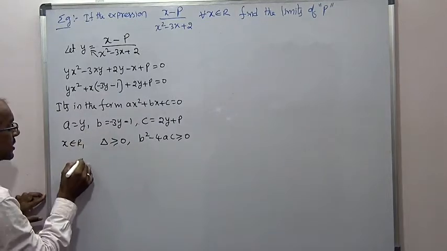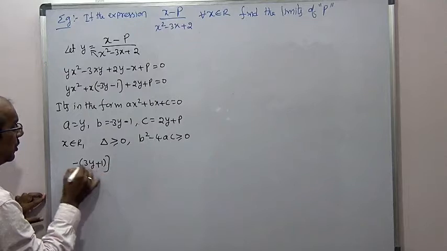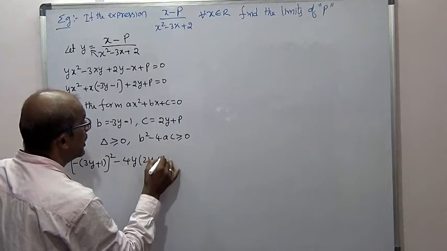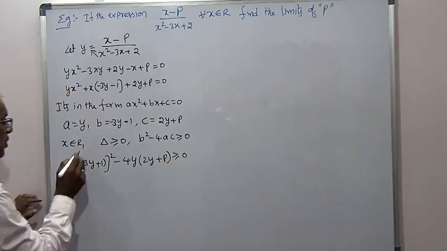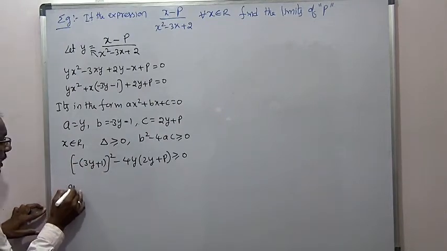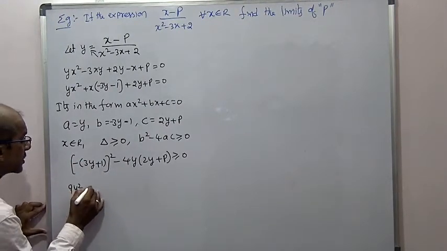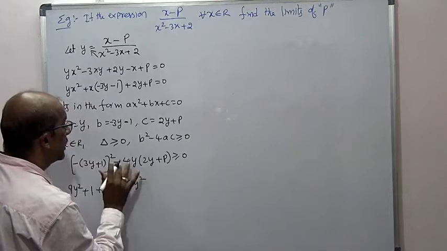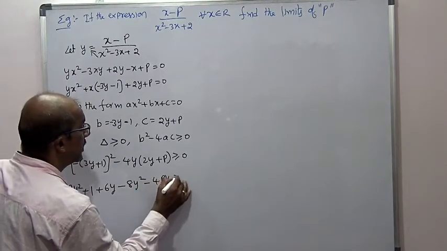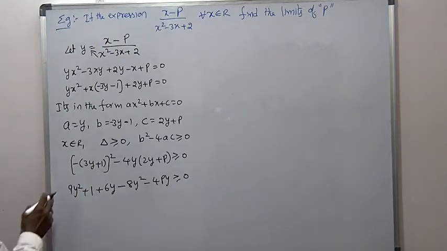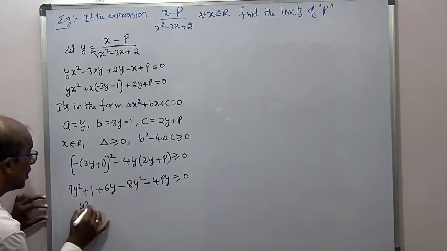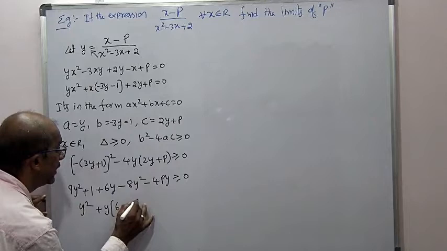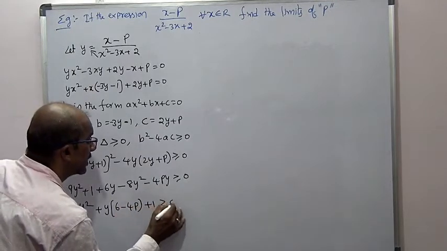Now, minus taken common, (3y + 1)² − 4·y·(2y + p) ≥ 0. The whole square is positive. 9y² + 1 + 6y − 8y² − 4py ≥ 0. Now (9 − 8)y² + y(6 − 4p) + 1 ≥ 0.